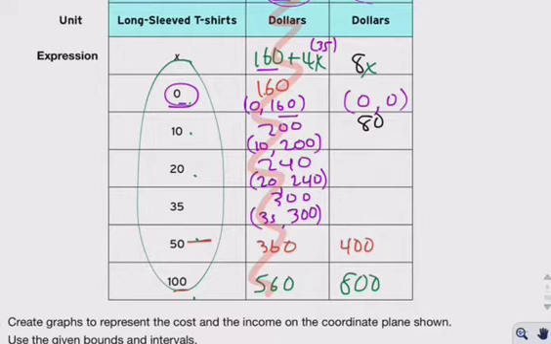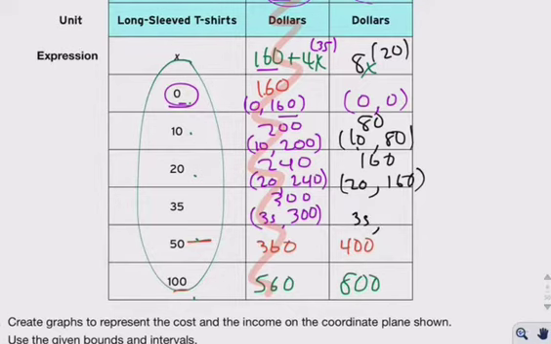I may have rushed it too much. 20 t-shirts will make you $160. So 10 t-shirts will make you $80. 20 t-shirts will make you $160.